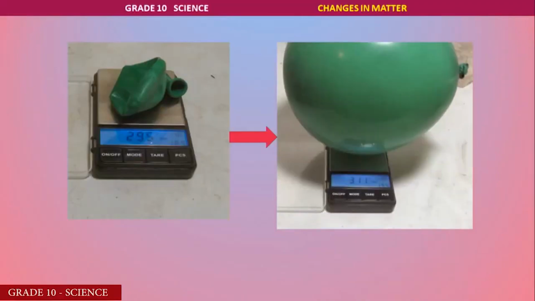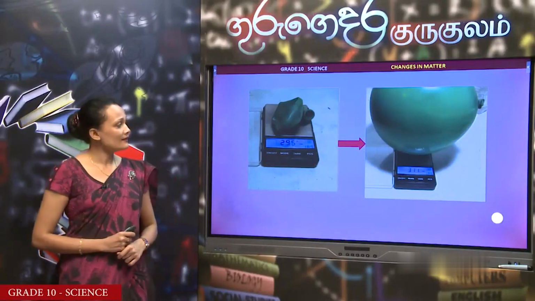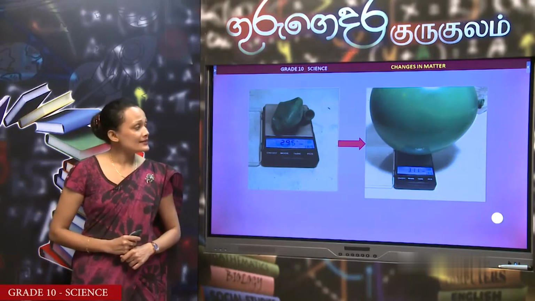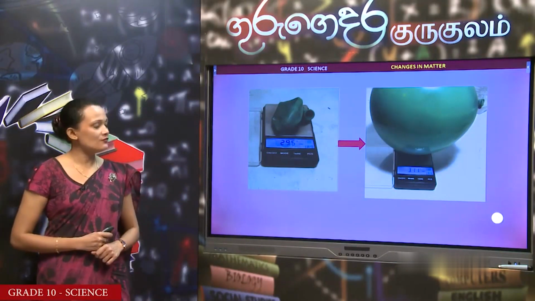After filling it with gas, I kept that same balloon on the scale. What happened to the reading? The reading increased. The same balloon that we used, but the readings on the two occasions are not the same. The second reading gives a higher value than the first one.